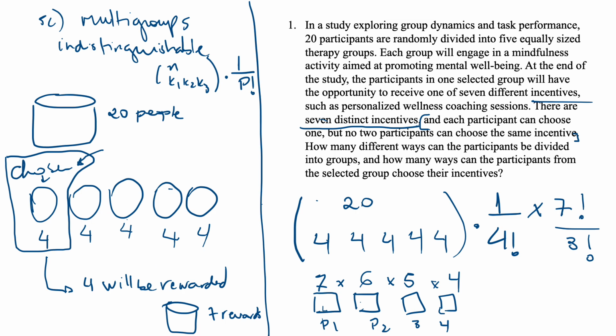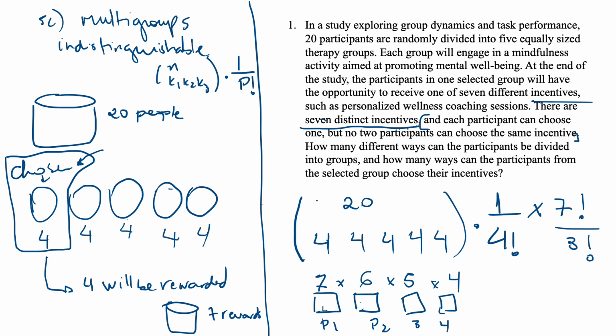Then corrected for the ones that are not distinguishable, and then the 4 people, the first, second, third, and fourth of the chosen group, will have to choose within 7 rewards.